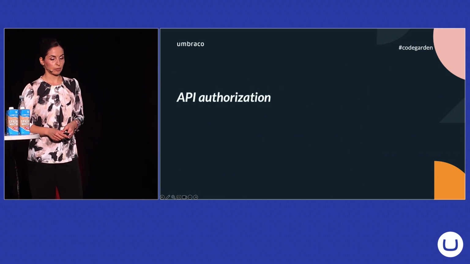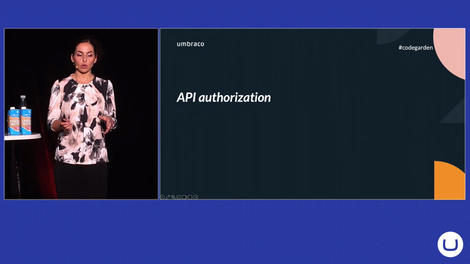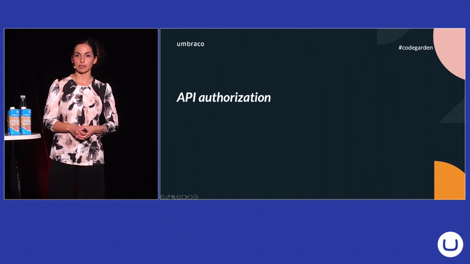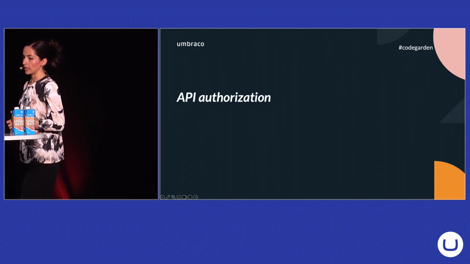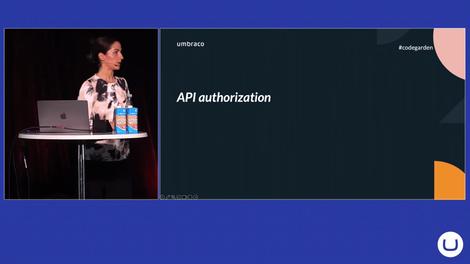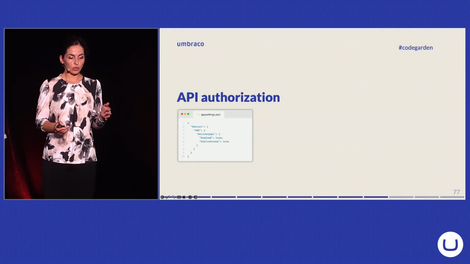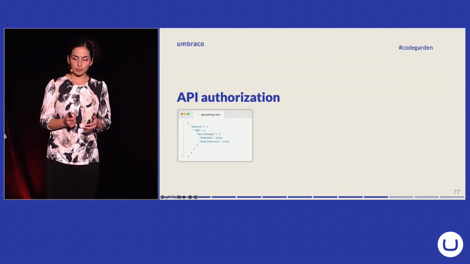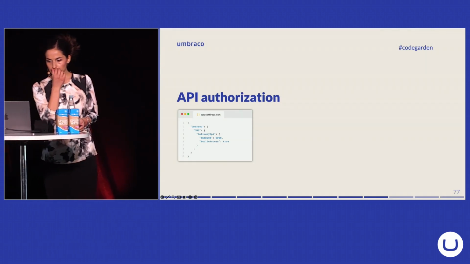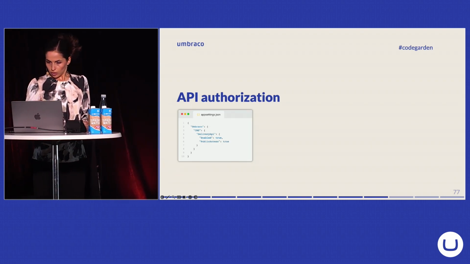For the next point, we aim to make the API publicly available, but also offer the option to restrict access so that only authenticated users can consume its content. This is where the API authorization will come into play. By default, our public access is set to true.